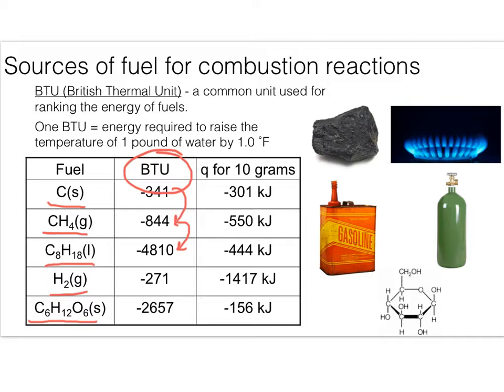But perhaps a better way to compare these is to ask how much energy there is for every 10 grams of material. If we have 10 grams of each of these, we can look at the energy density, because people want to know, for instance, if you want to power your car or your home, how much energy can it produce in a limited quantity.